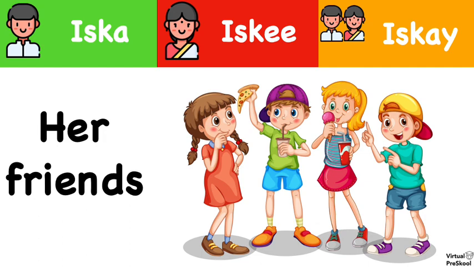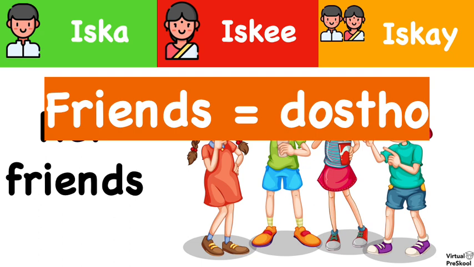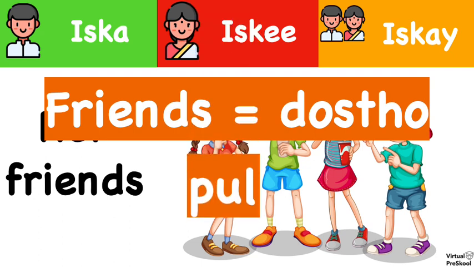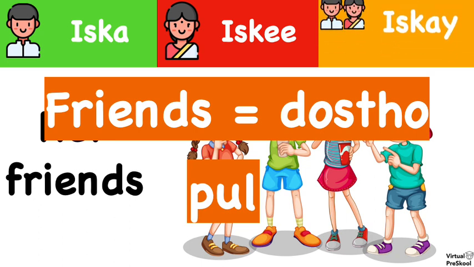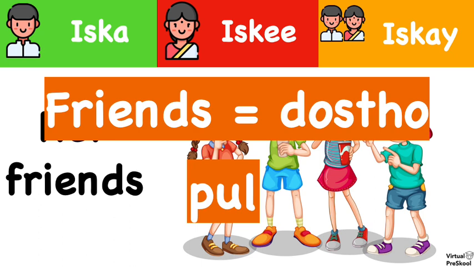Iska, iski, or iske. This is also iske because friends are doston, which is a pulling word. And as we can see from the picture, the friends were a mix of male and female. So this one is iske.